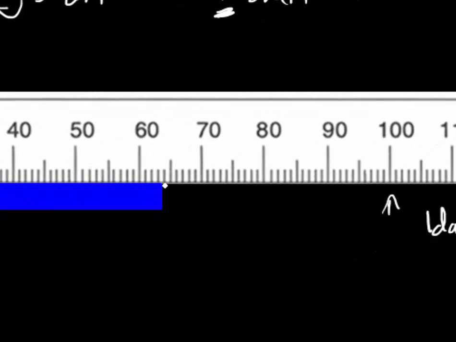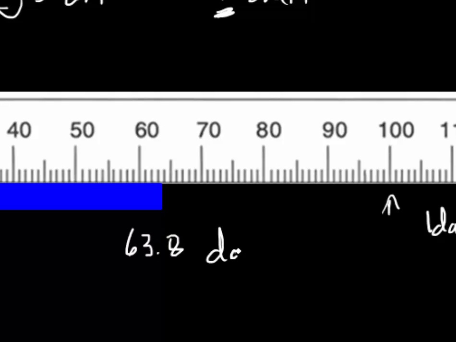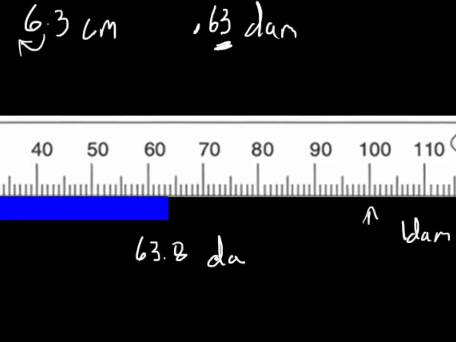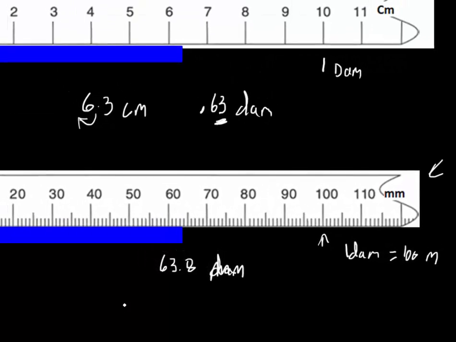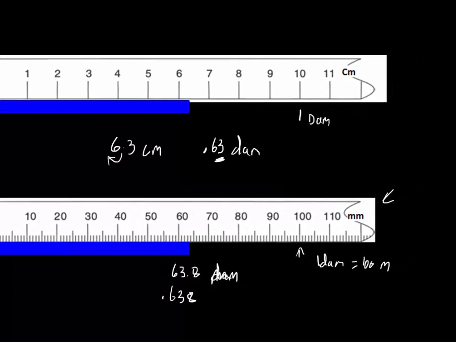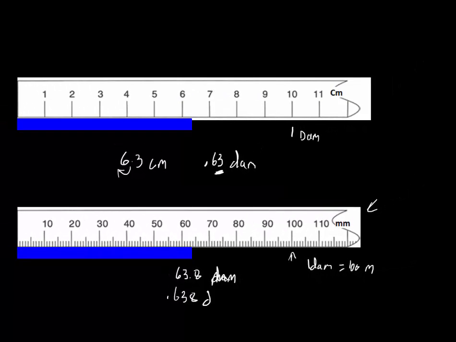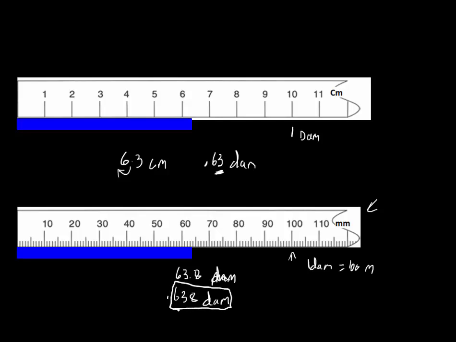There's 64, and I'm going to say it's just before that 64. So I would say that this is 63.8 decameters, or sorry, 63.8 millimeters. My scale changed to millimeters, which is 0.638 decameters. Now, I've gone from having 1 decimal point, the 0.6, to having all 3 decimal points.